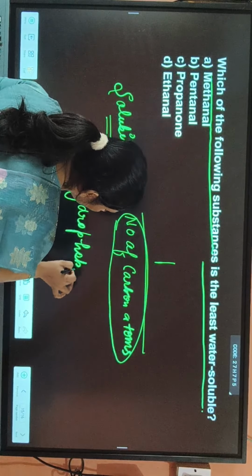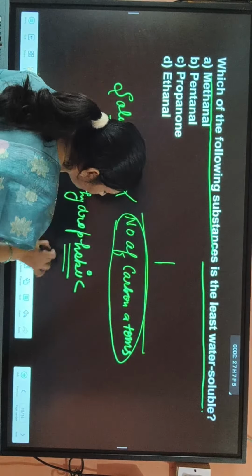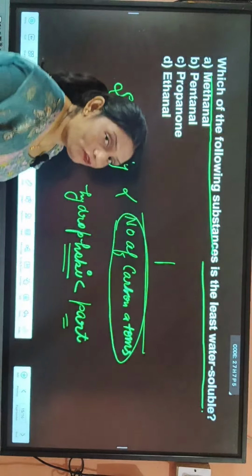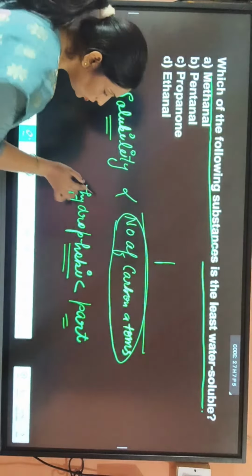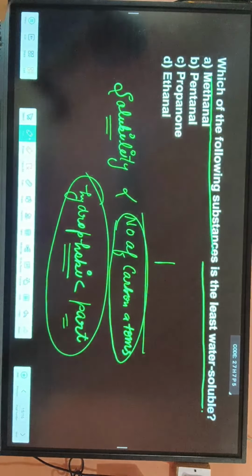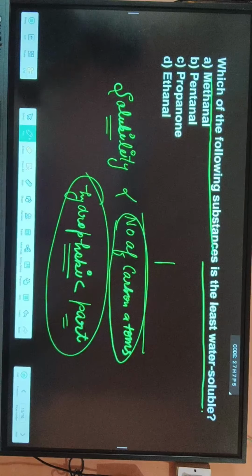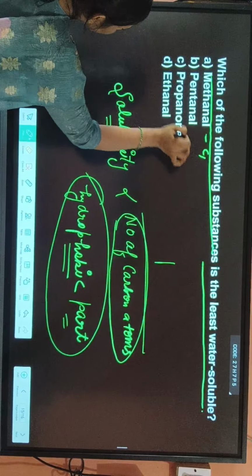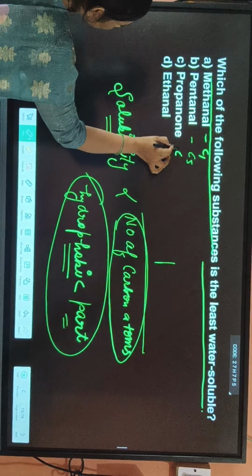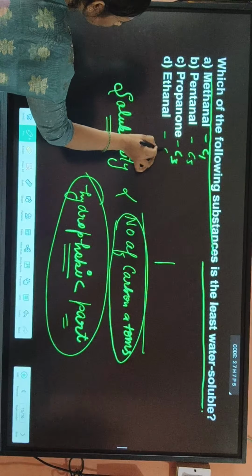Hydrophobic part means which have phobia from water. Okay, so hydrophobic part increases. So you will see in which more number of carbons are there, that will be less soluble. Methanol 1 carbon here, pentanol 5 carbons, propanol 3 carbons, ethanol 2 carbon.